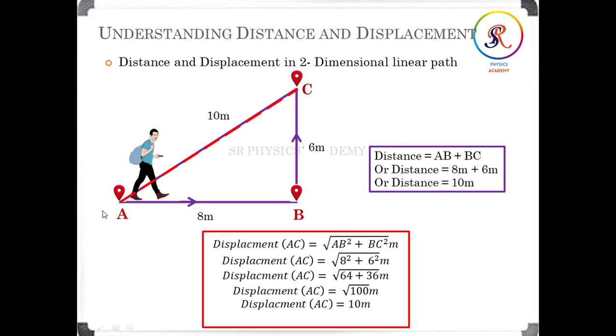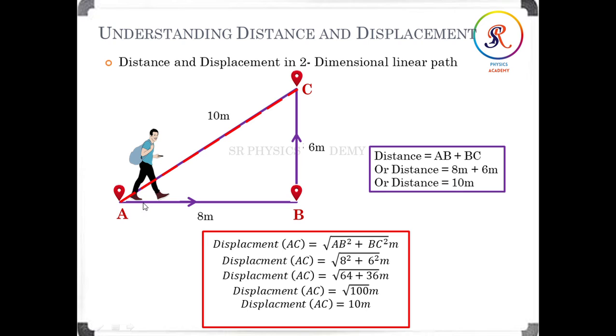It is a straight line path, so there is no need to go A to B, B to C. The starting point is A and the ending point is C. So directly we take the straight line path. Here the initial position is A and the final position is C. The displacement is the straight line path, that means AC.